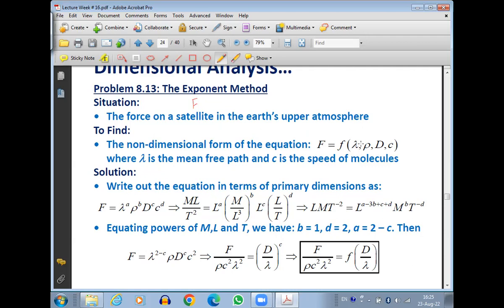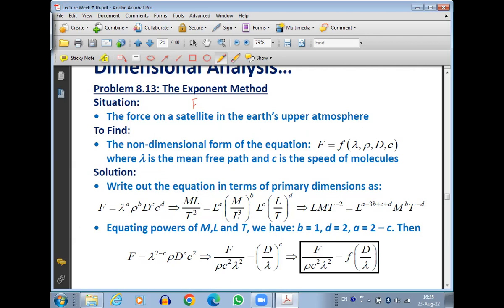Okay, so what we need to do is write an equation of this format, where F is equal to lambda, rho, D, C, and the powers of lambda, rho, D, C will be A, B, C, and D. So F is equal to lambda to the power A, rho to the power B, D to the power C, and C to the power D. Now we need to write down the basic dimensions of each variable involved.